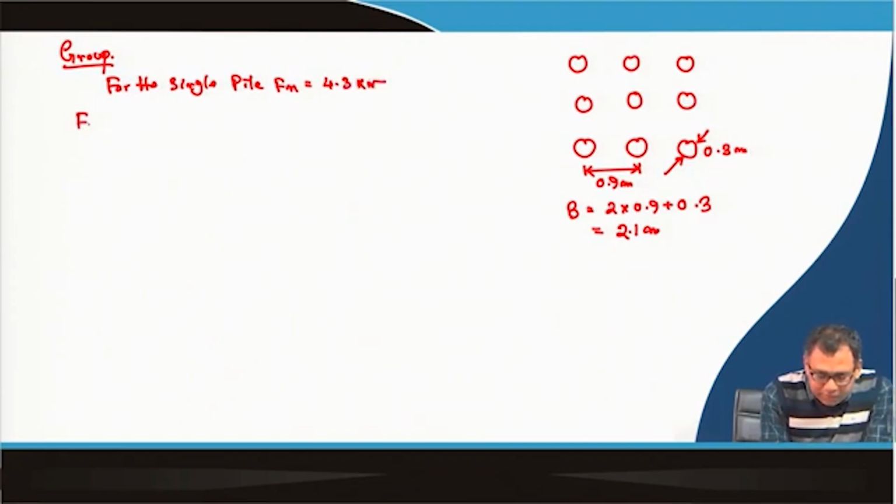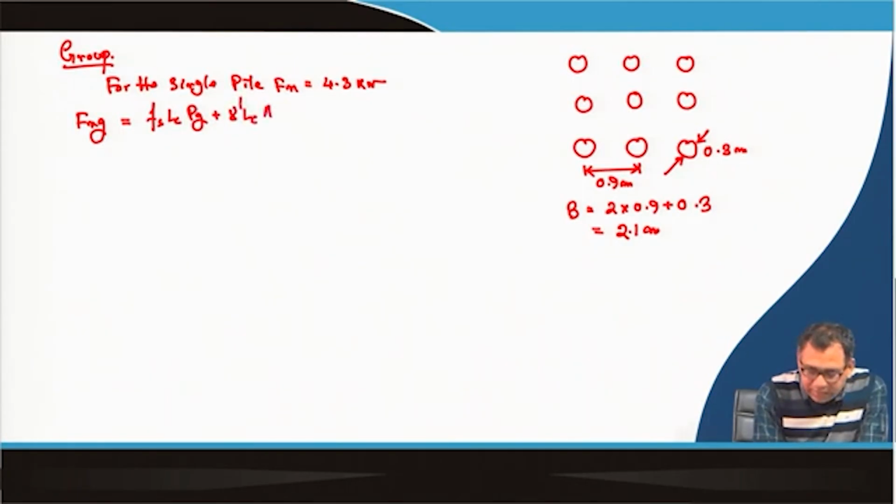So Fng is equal to Fs Lc Pg plus gamma dash Lc Ag, that is given.